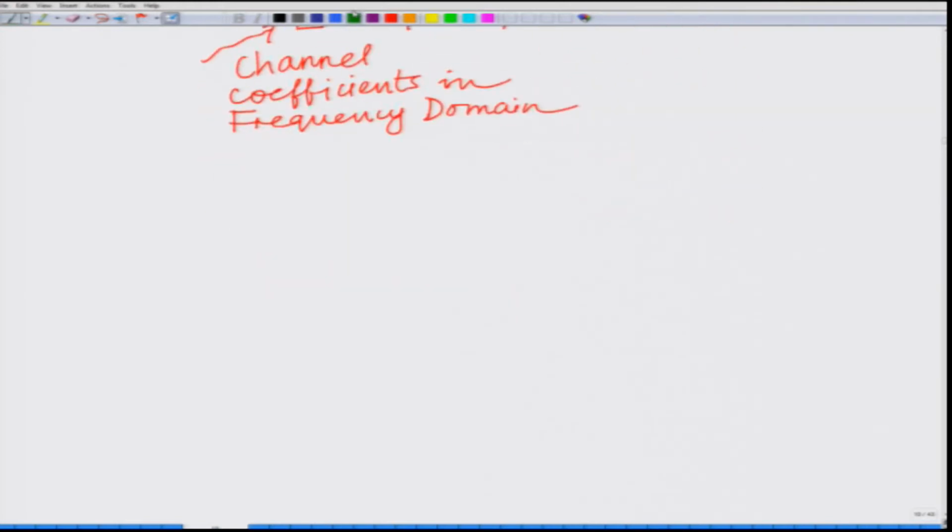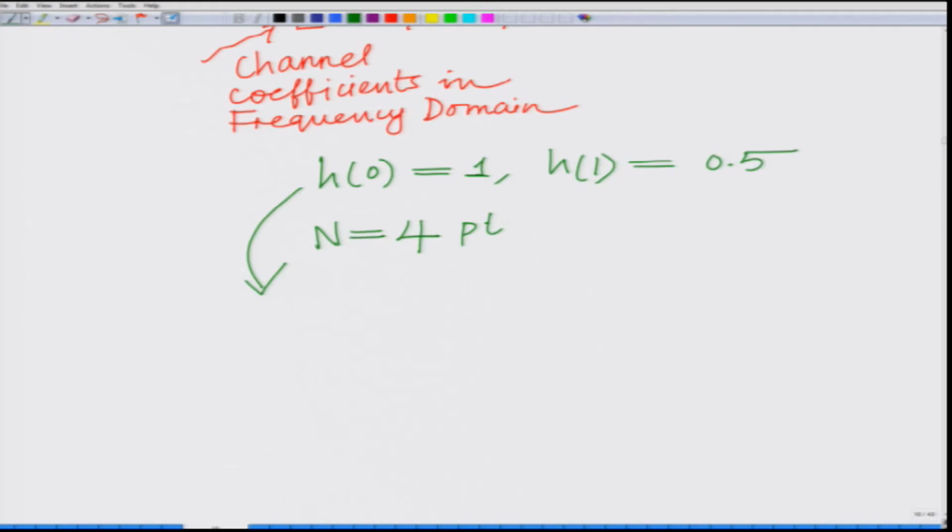The channel taps are basically your H0 equals 1, H1 equals 0.5, and you take the n equal to 4 point FFT of this after padding with zeros.